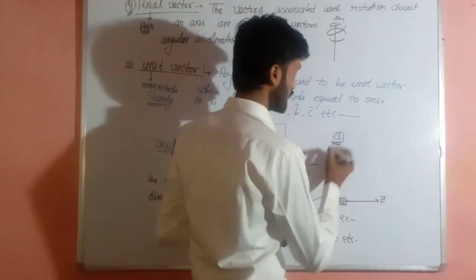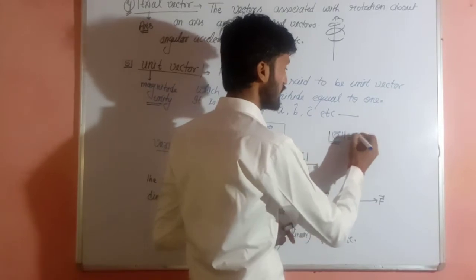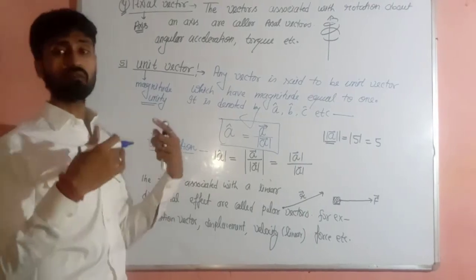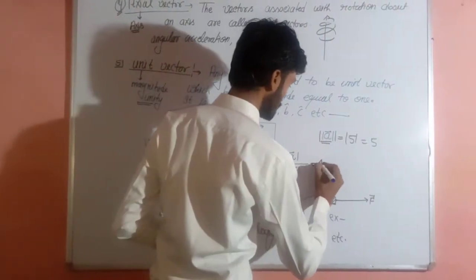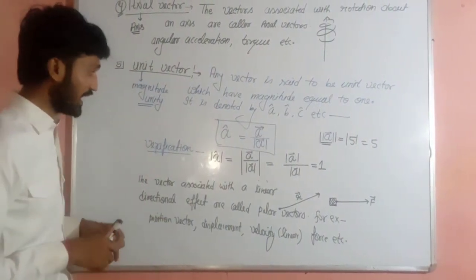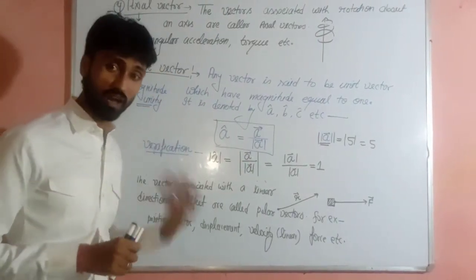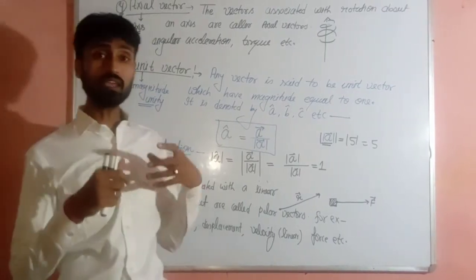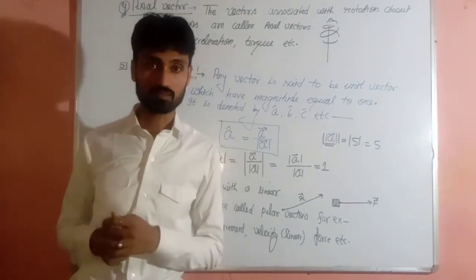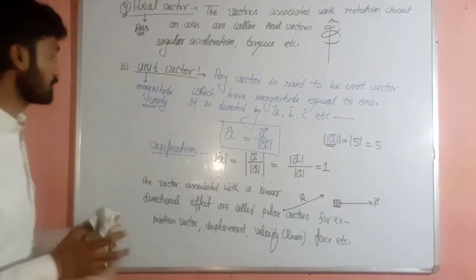If you take mod of vector A, it will be a positive quantity like 5. If you take mod again, it will also be 5. So there is no effect if we take mod more than once. This will be equal to 1, which is unity. Here a question arises: why are unit vectors a very interesting factor in forming the mathematical representation of any vector? See on the board in the next section why unit vectors are very important.